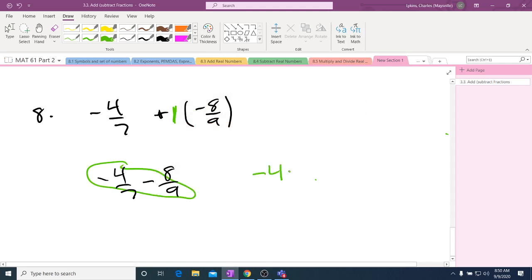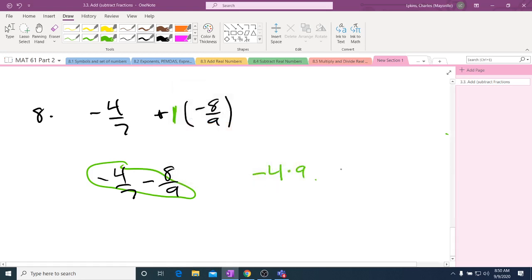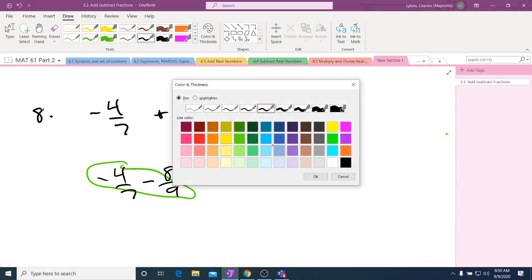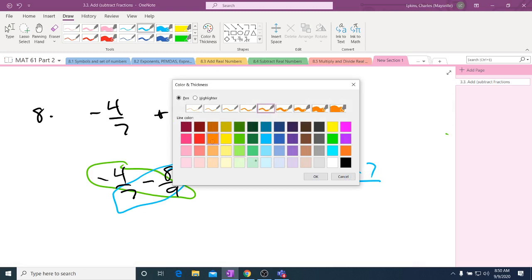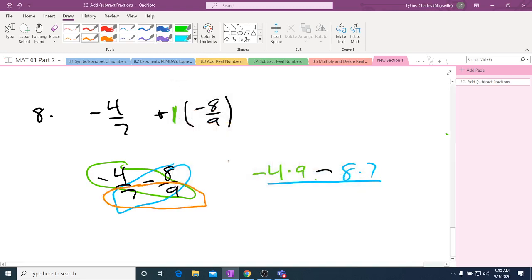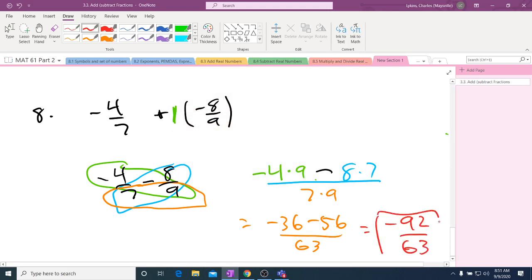Then I say negative 4 times 9 minus 8 times 7 over 7 times 9, which gives me negative 36 minus 56 over 63. Combine those, that should give you a negative 92 over 63.